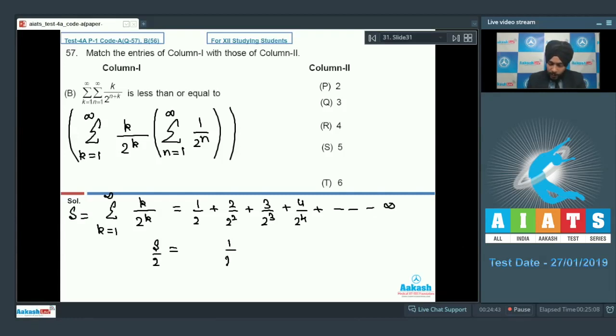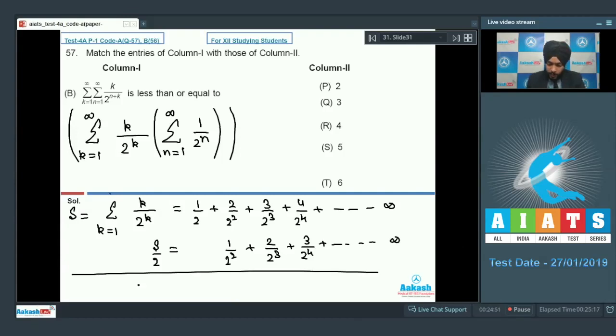That will be 1 by 2 square plus 2 by 2 cube plus 3 by 2 power 4 and so on up to infinity. Subtract both of them, you'll get s by 2 equals the same thing: 1 by 2 plus 1 by 4 plus 1 by 8 plus 1 by 16. Again the common ratio is half, first term is half, answer is 1. So s by 2 equals 1, so s equals 2. That means the answer is 2.